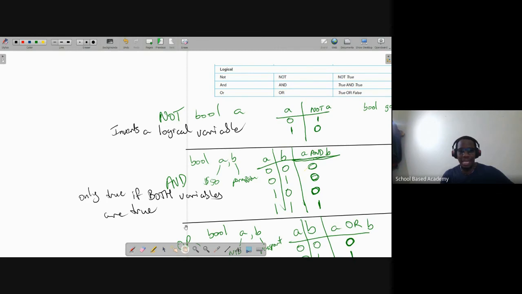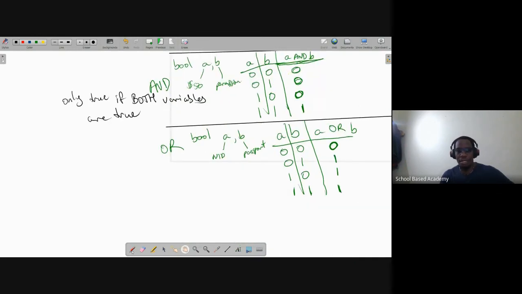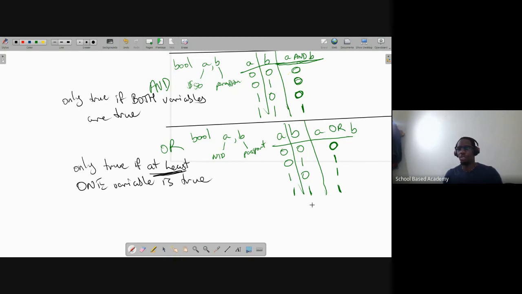And then the last thing is the OR operator, which is only true if at least one variable is true. So if at least, and I'm underlining that, at least one variable is true. So both could be true or one could be true.